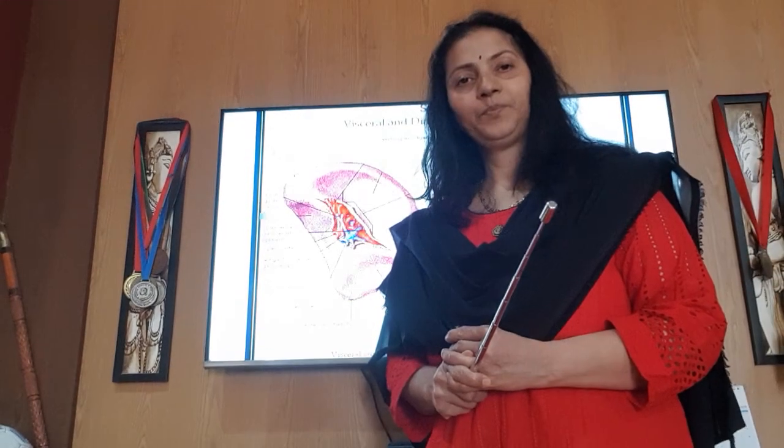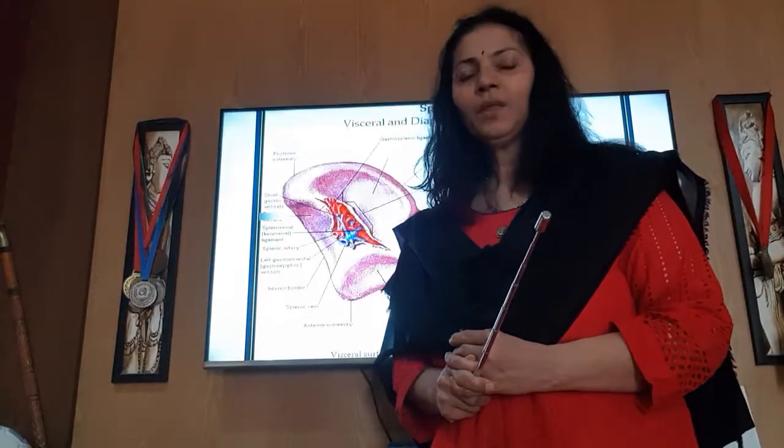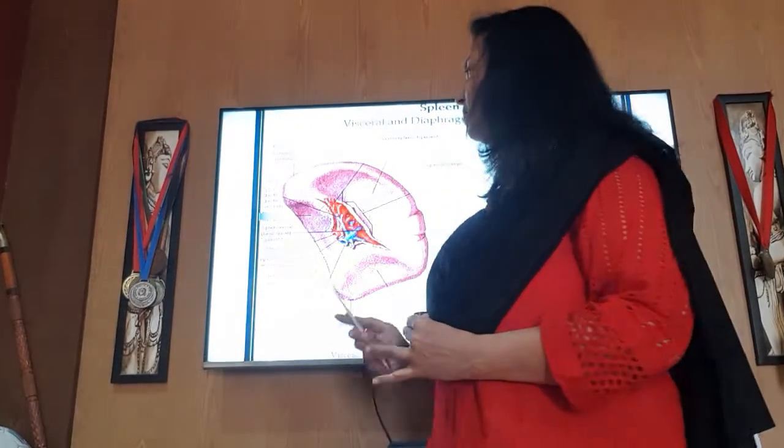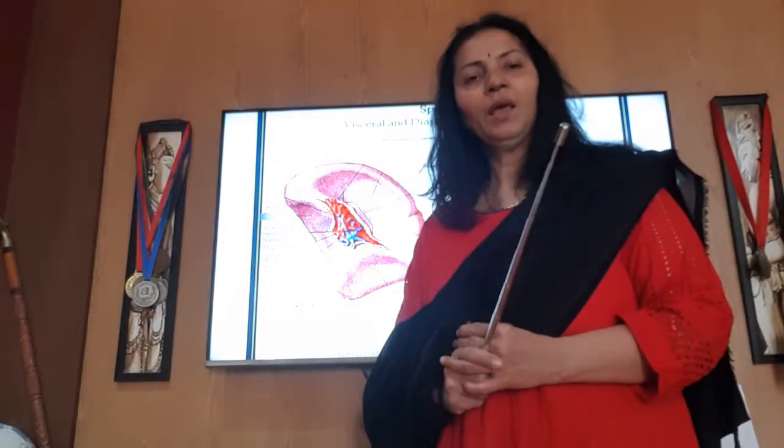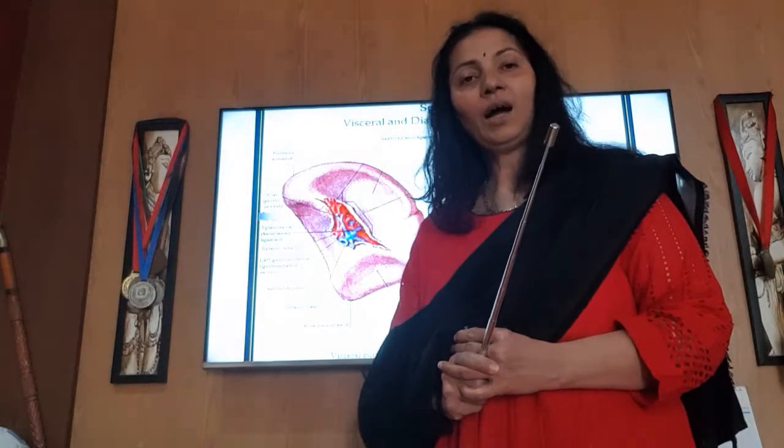And because of this reason, the interior of the spleen histologically is divided into white pulp and red pulp. It doesn't mean that it is white in color or red in color. The only thing is that in the periphery of the matrix of the spleen, we have arterioles surrounded by WBC.